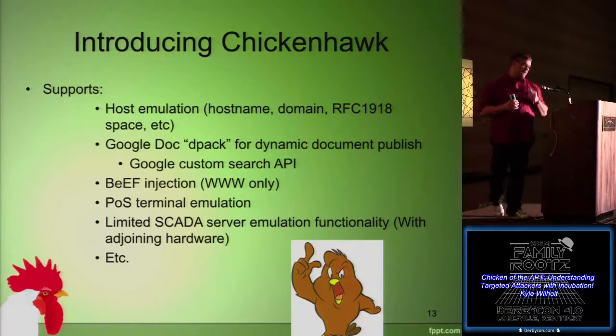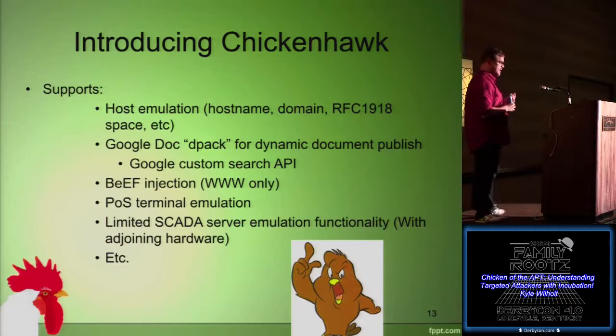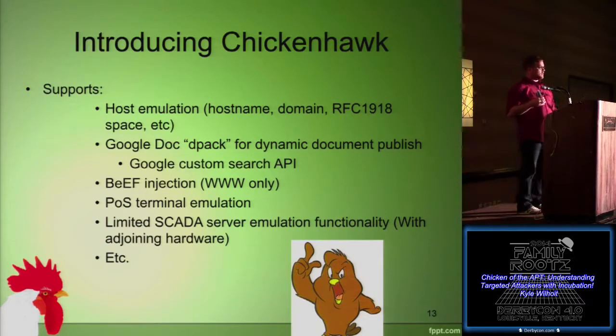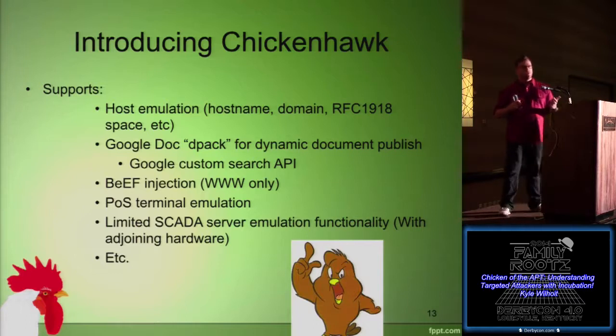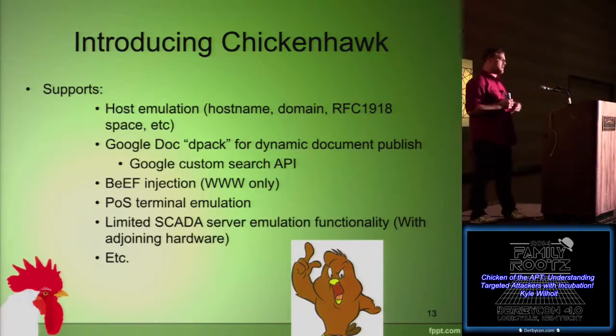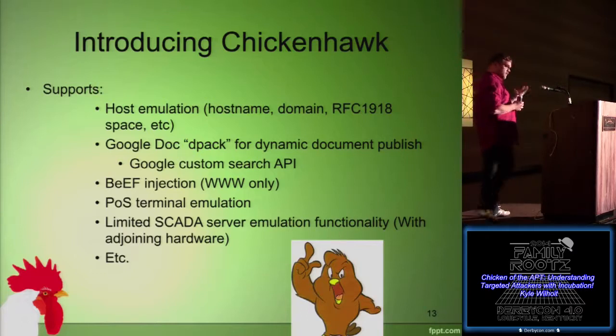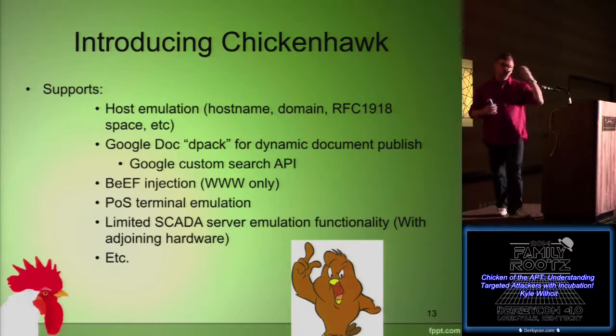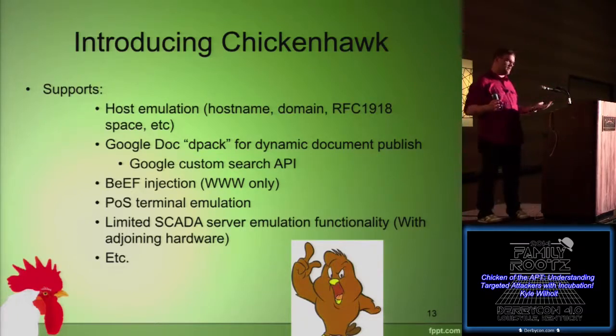And then an interesting piece is what I call a DPack, or a document pack. This is a dynamic creation utilizing the API from Google Search. What it allows you to do is, if I type in that I want to mimic Toshiba in Japan, it will actually go out via the Google Search API and pull down documents that are externally facing. They might be sales documents, they might be PDFs, they might be a multitude of anything.